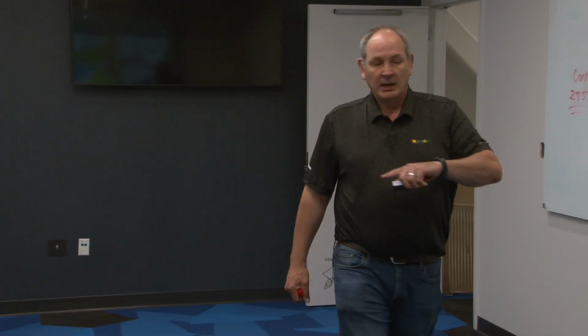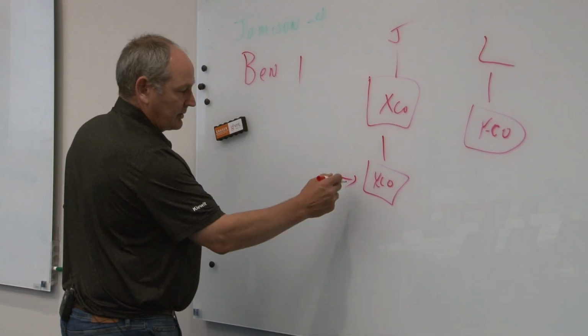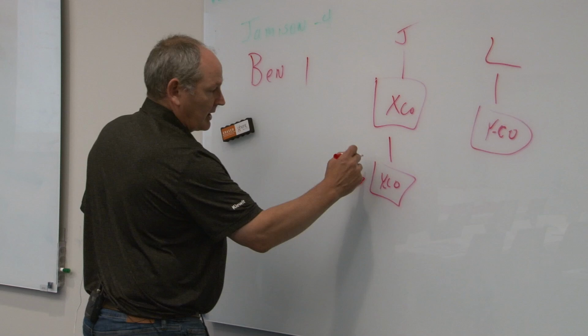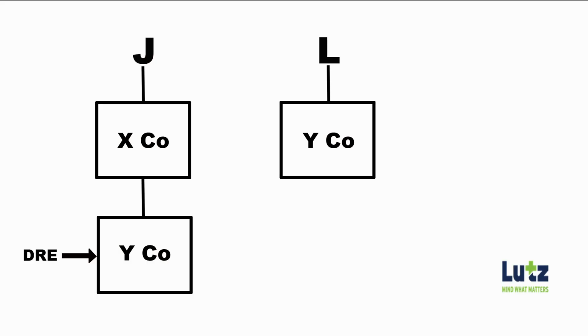So the Q sub election says, hey, if you have an S corp that owns 100% of another corporation, it can make something called a Q sub election. And the Q sub election says that Yco becomes a disregarded entity, a DRE.